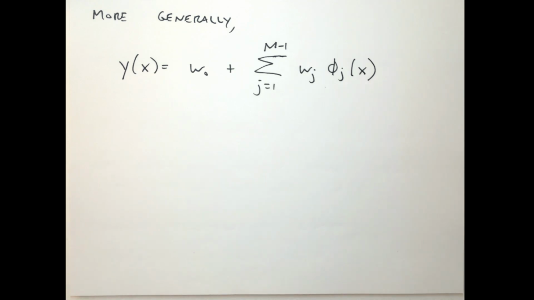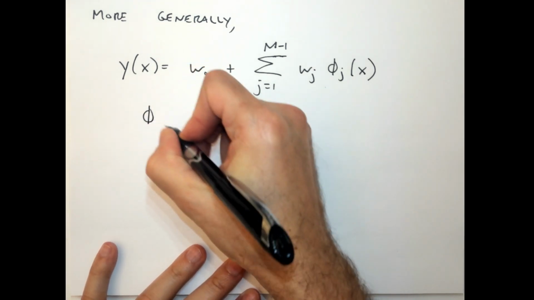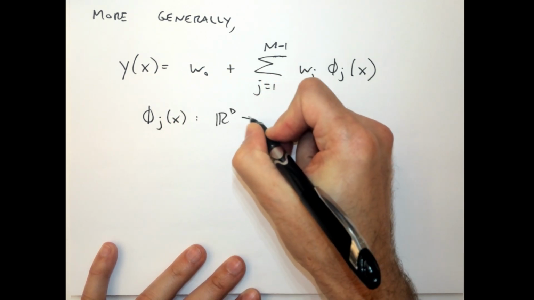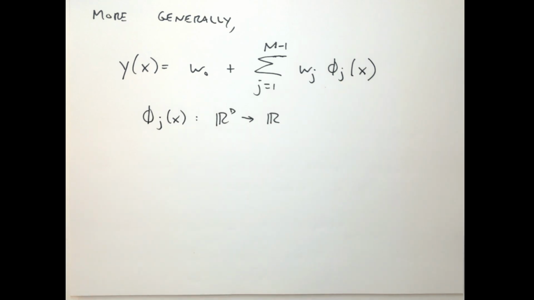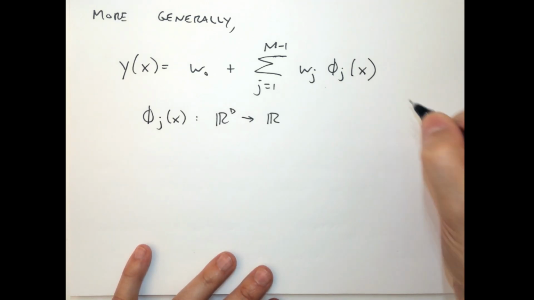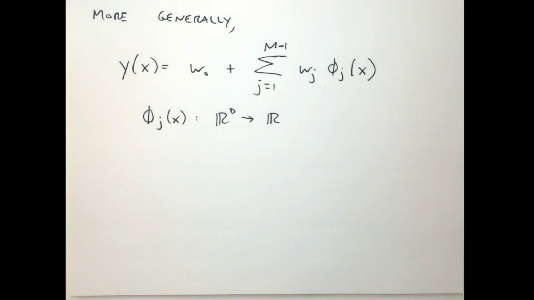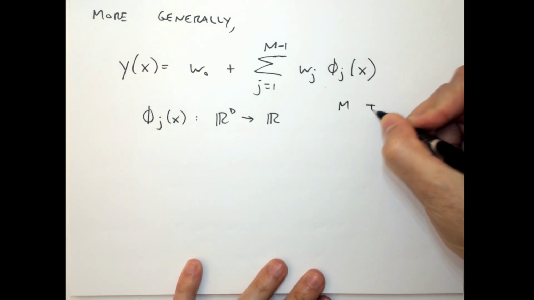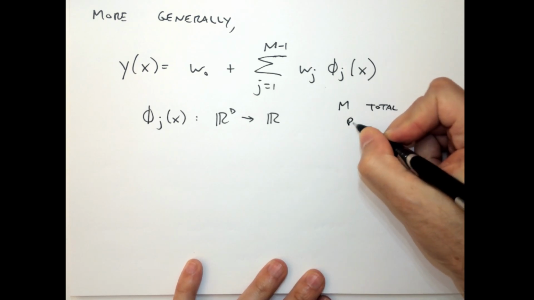So this function phi is a new thing, right? Here, phi of j is something that takes the d-dimensional feature x and turns that into a number. Okay? And so here, the way I've set this up, we have capital M total parameters, right? The bias plus m minus 1 weights. So we have M total parameters to learn.